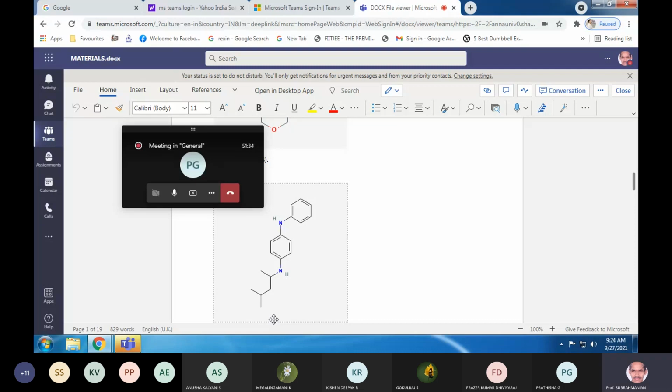When we choose the anti-ozonant, or in general anti-degradant, its function should be in the long run, that is, in terms of performance, sustaining the rubberiness in the long run.